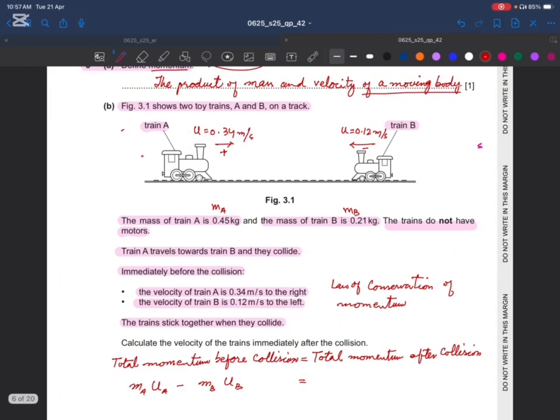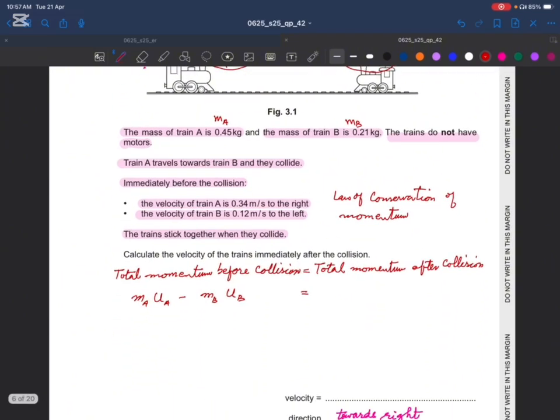So it means that the initial momentum of the train A is positive. The initial momentum of train B will be negative because it is in the opposite direction. But the total momentum before the collision will be MAUA minus MBUB. And as far as the total momentum of the system after collision is concerned, this is MAV plus MBV.